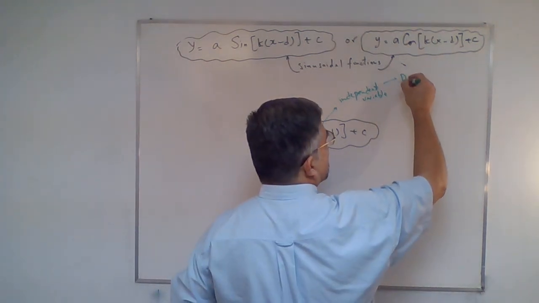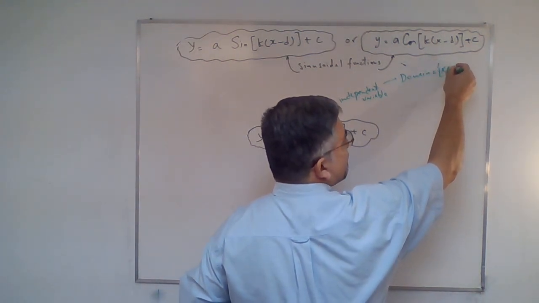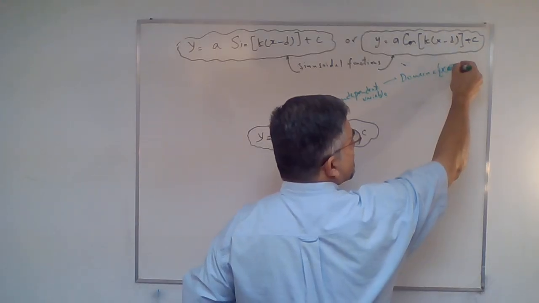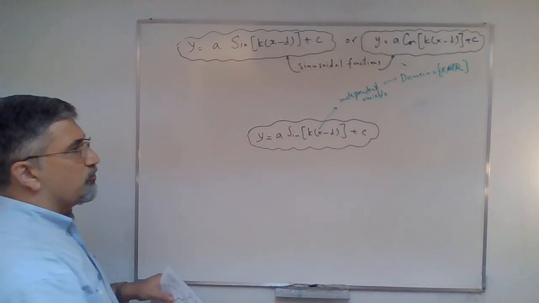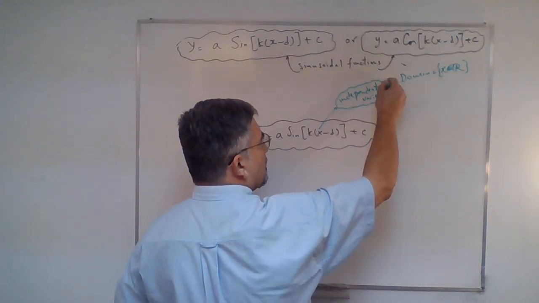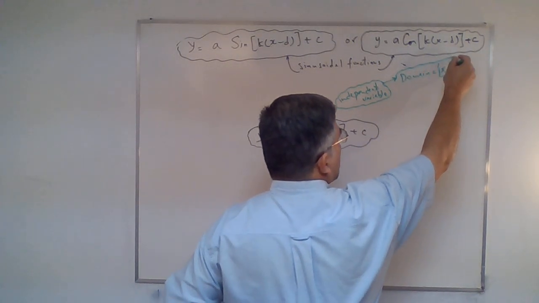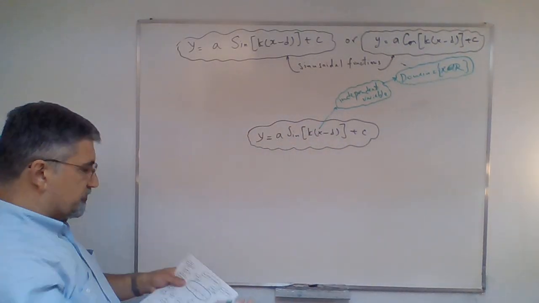And that means that the domain of sinusoidal function is the set of real numbers. So that is the domain. So x is the independent variable, and the domain is the set of real numbers, which means that you can select any x value you want.